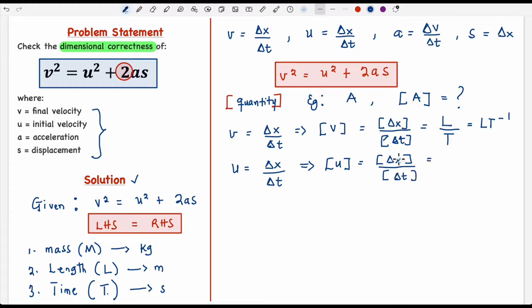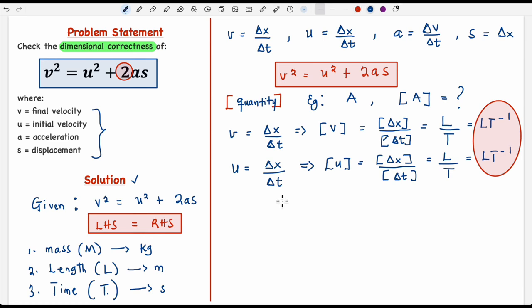The dimension of displacement is length, divided by the dimension of time, which is also T. So we have again LT to the power minus 1. Again, this tells us that you don't really have to worry if the quantities are the same, because both the initial and the final velocities have the same dimension since they represent the same quantity.